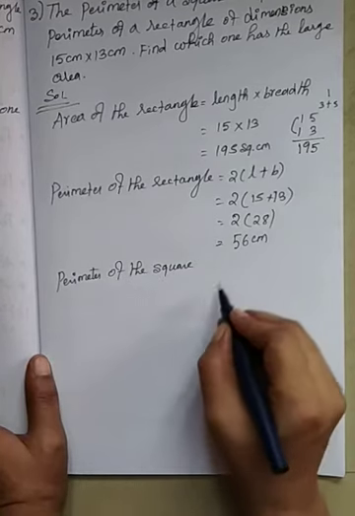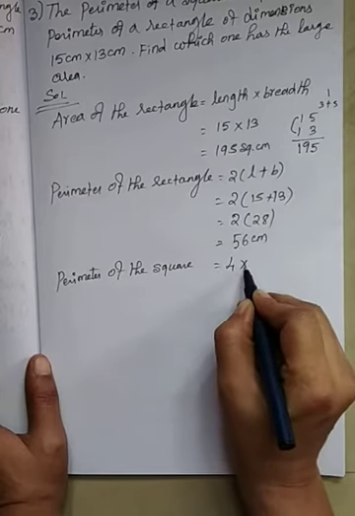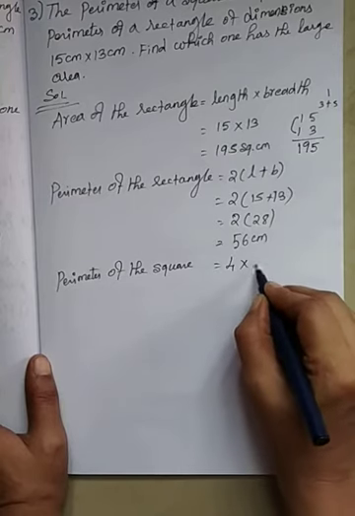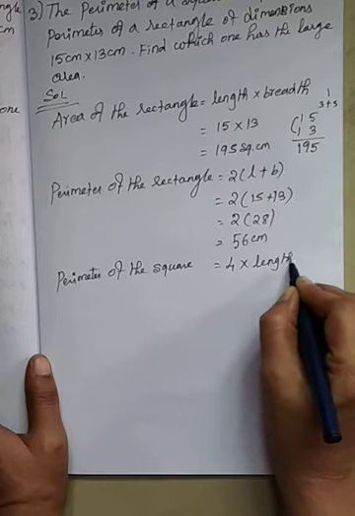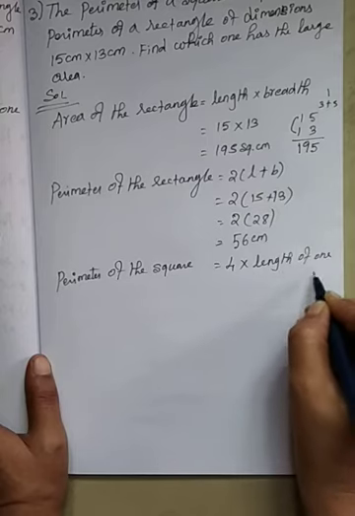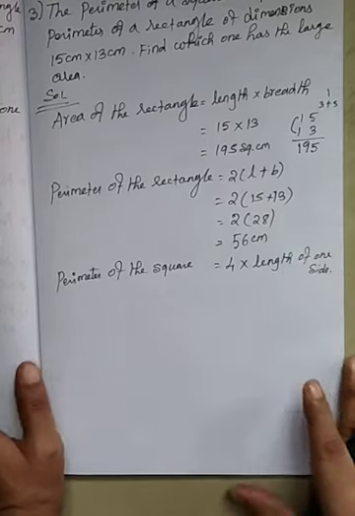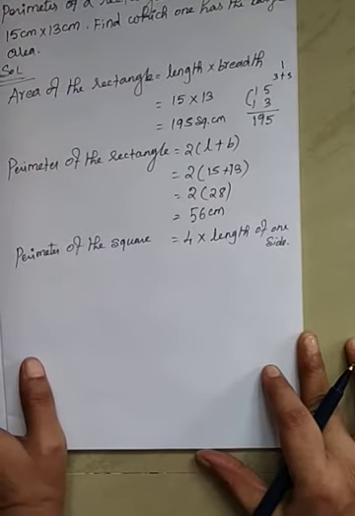What is the perimeter of the square formula? 4 into length of one side, right? This is the formula, 4 into length of one side.